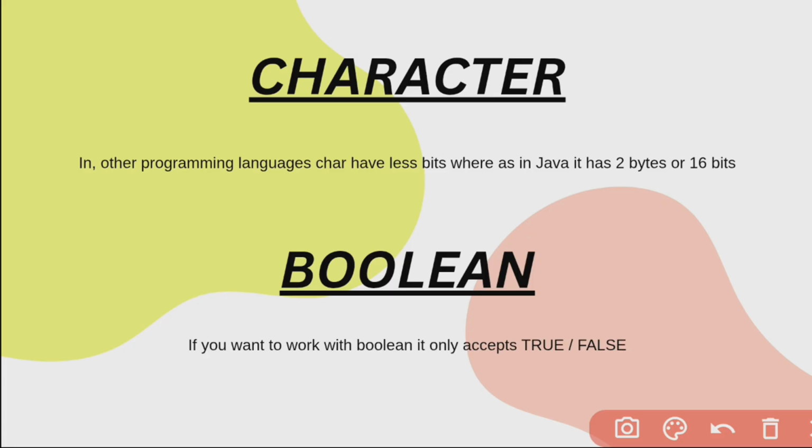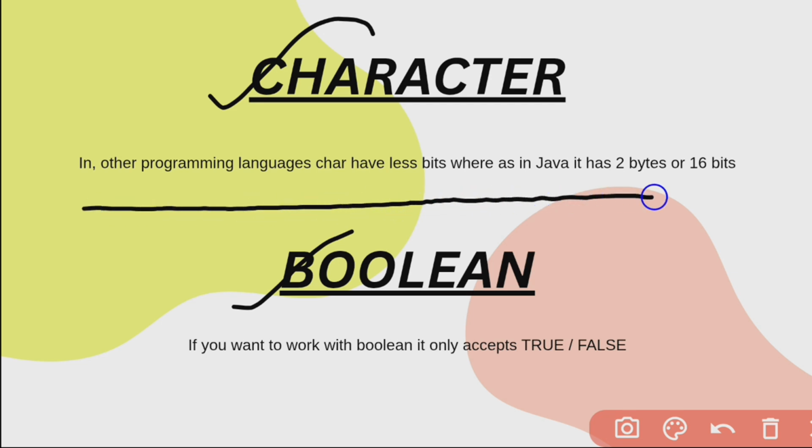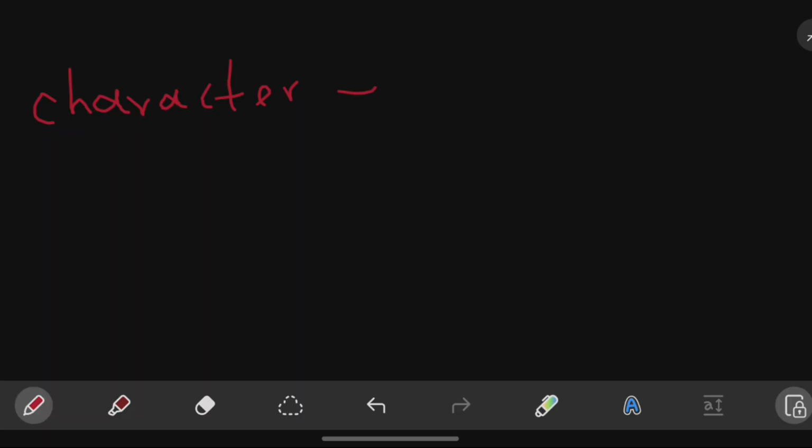And finally there are character data type and boolean data type. For character, in other programming languages character have less bits, but in Java it has 2 bytes or 16 bits. So the character in Java programming uses a Unicode to store the values up to 2 bytes.